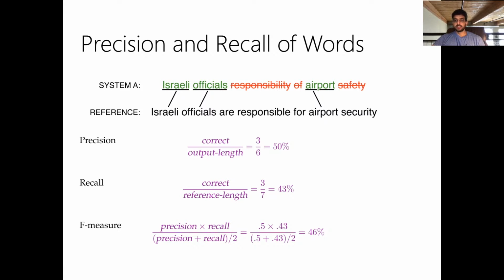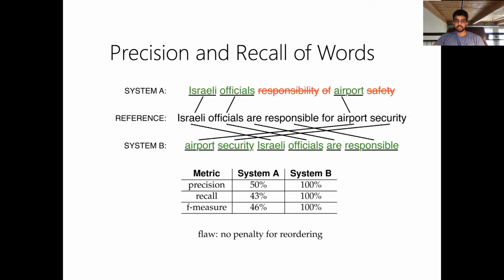Because it doesn't consider the order of the words at all. And so that might be bad if I'm interested in also measuring fluency, right? So as an example of this, I have 2 system outputs here: Israeli officials' responsibility of airport safety, and also airport security. Israeli officials are responsible.